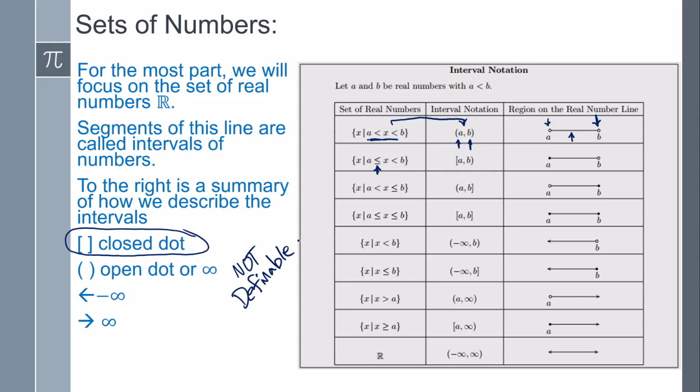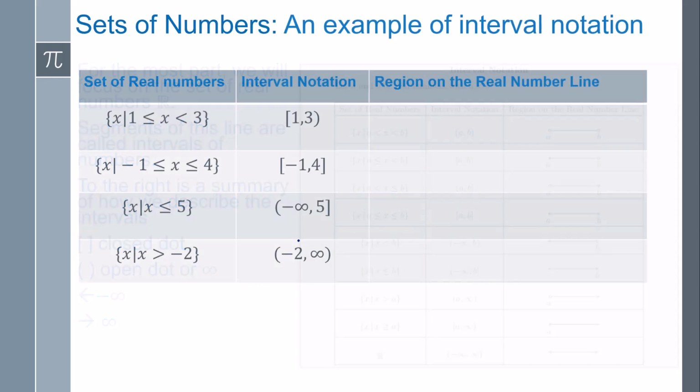And so we can say we can get as close to that number as possible, but we actually can't include the number, or we don't know what that number is. And so like in this instance, infinity, it's not definable, because the moment that you say infinity is this really, really big number, I'm just going to add 1 to it and prove you wrong. So open circle or infinity is going to be parentheses. A closed circle, closed dot, that's going to be brackets.